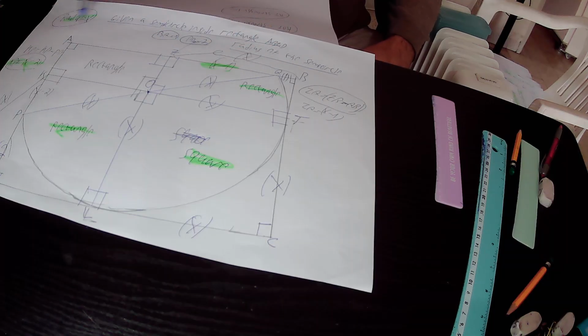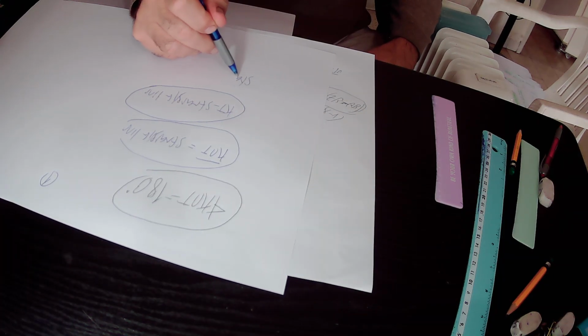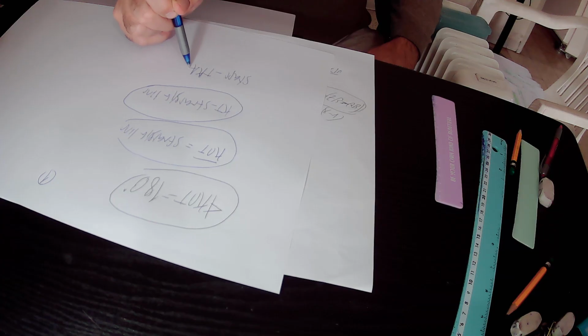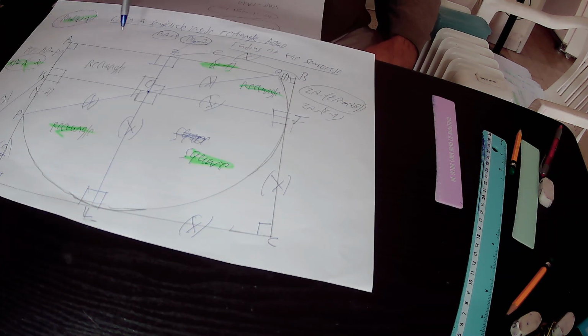So this is shape TKAB. Shape TKAB has 1, 2, 3, 4 sides.